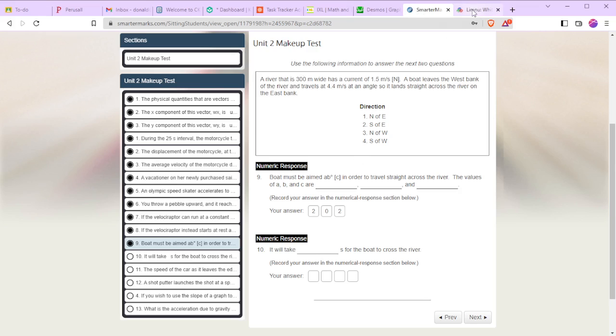And the river is 300 meters wide. So 300 divided by that answer is 72. And actually, well, it should round to 73 because we only have 2 significant digits here.